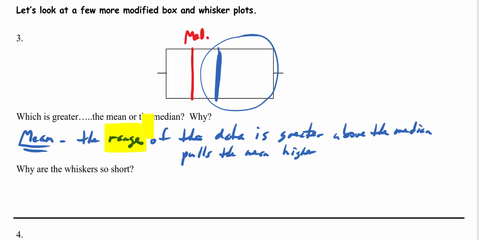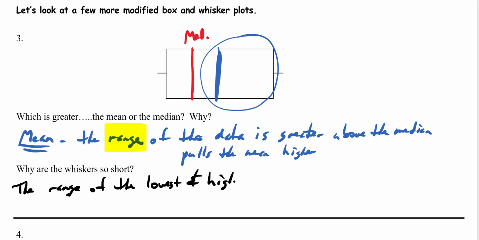Why are the whiskers so short? Well, you can say the range of the lowest and highest data points is very narrow. Okay, so that's the answer. The range, oh, did I use that word again? The range of the lowest and highest data points is very narrow.